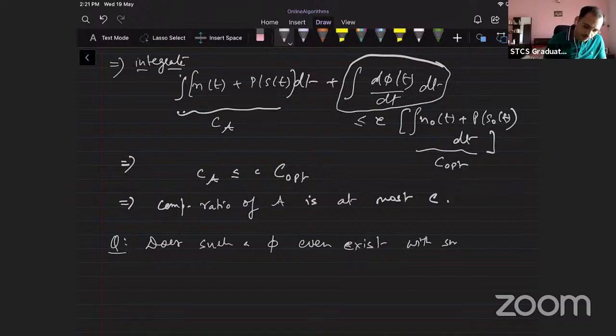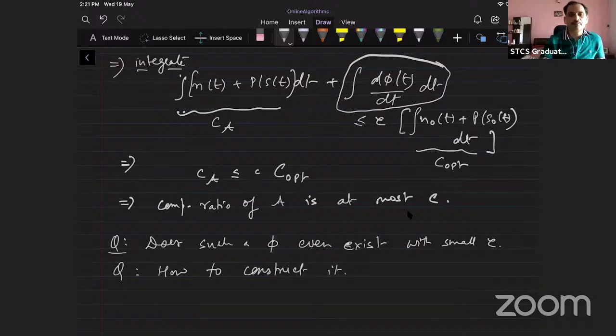So, one, does it exist with small c, and two, how to construct it. So this is the broad strategy we are going to follow. We'll look at the single server case and then try to construct a phi such that all these properties are true, and then say something interesting.